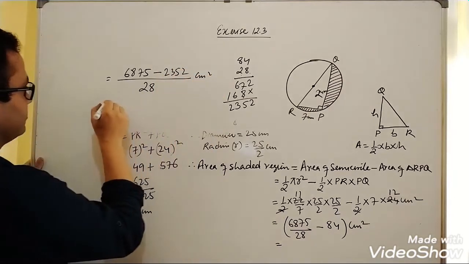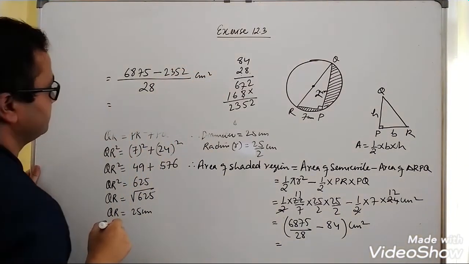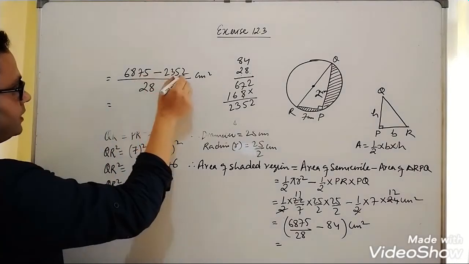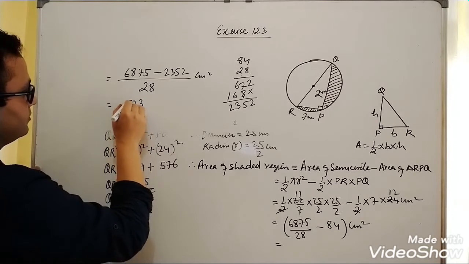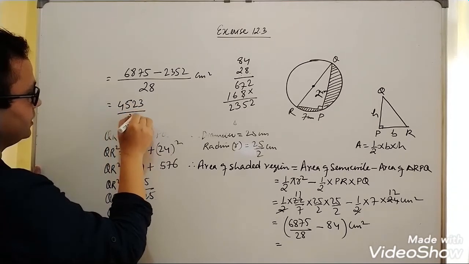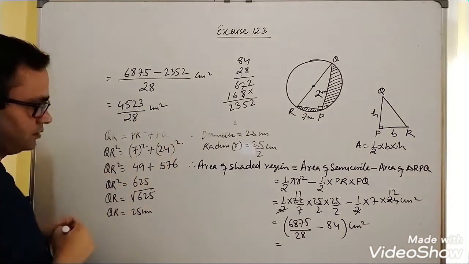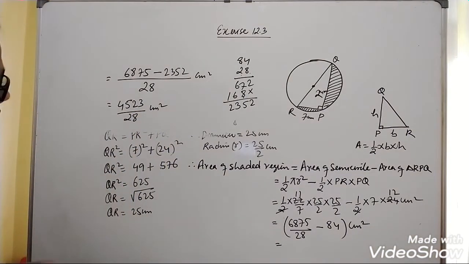Then 6875 minus 2352 is 4523 divided by 28 centimeter square. Now this is the answer of question number 1.